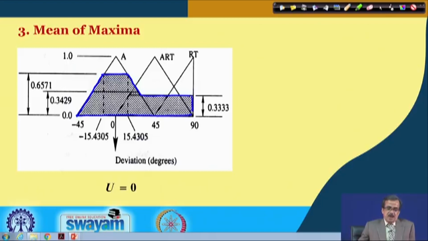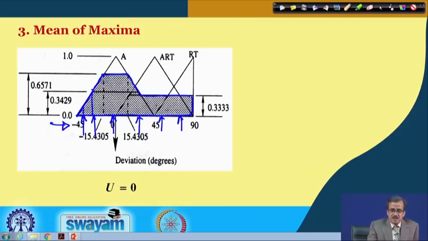Now, what we do is, we start from here and we increase this particular variable in this direction, and we try to find out the mu corresponding to each value. We can find out that the mu is going to vary, or it may remain constant for different values of this deviation angle.